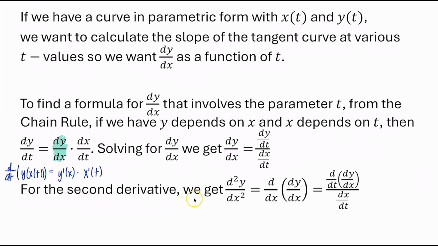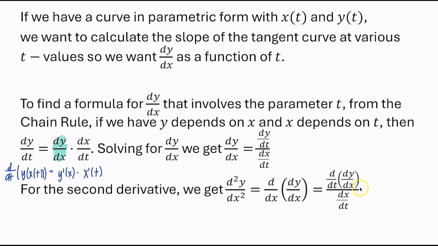The second derivative of y with respect to x is equal to the derivative with respect to x of dy/dx, right? So we take the derivative of the first derivative. But in terms of the variable t, we're going to have to find the derivative with respect to t of dy/dx, that first derivative, over dx/dt.